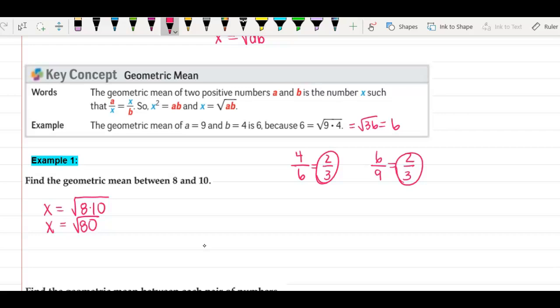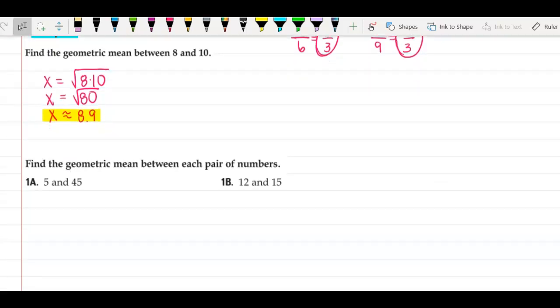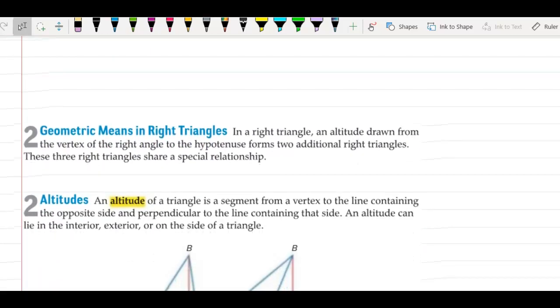If it's a perfect square, then definitely write what it's equal to. You can simplify it. If it's not, let's just round it to 1 decimal, and we get about 8.9. That would be our answer. Okay, so I think that's pretty straightforward. We can do an example in class if we need to.